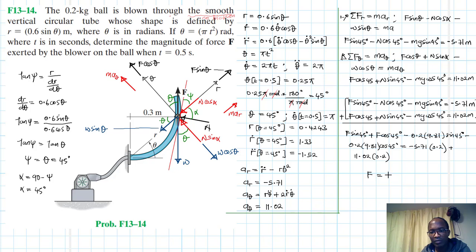Alright, so we have F, which is just equal to 2.71 newtons. Okay, so this is the value of F.